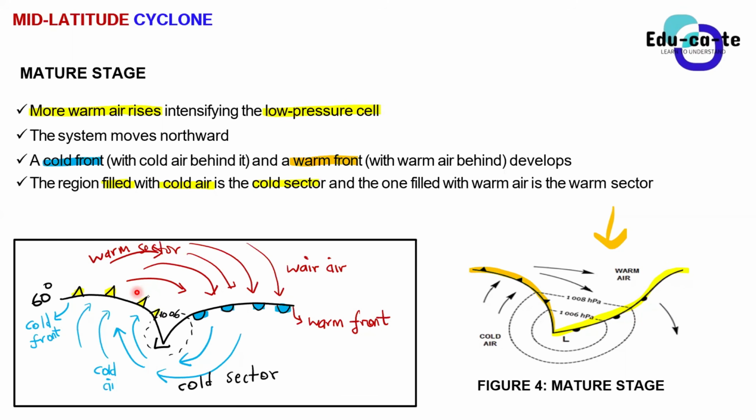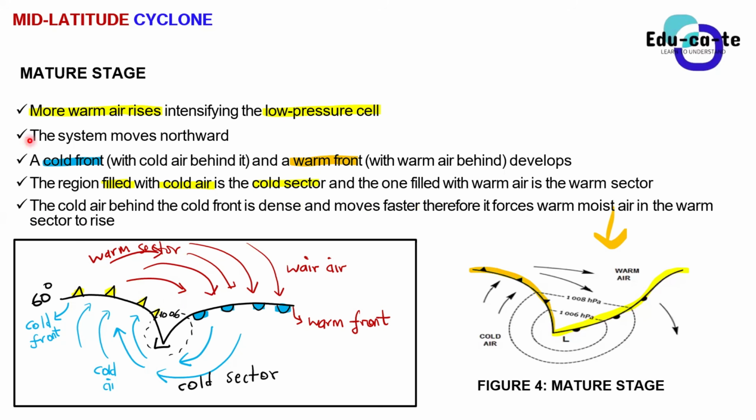But the moment the mid-latitude cyclone matures, that is when it will have a region filled with cold air, known as the cold sector, then a region filled with warm air, known as the warm sector. But remember that this warm air keeps on rising and rising. Are we getting the sense?